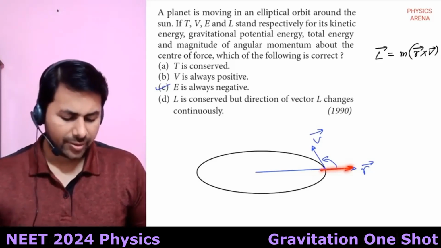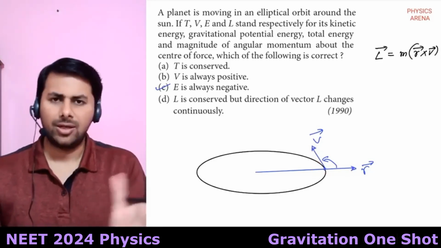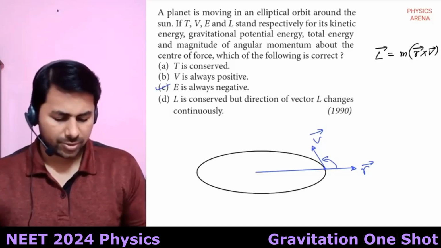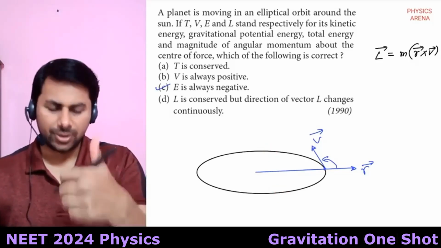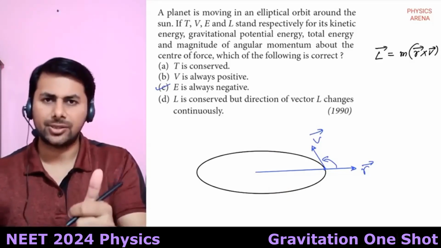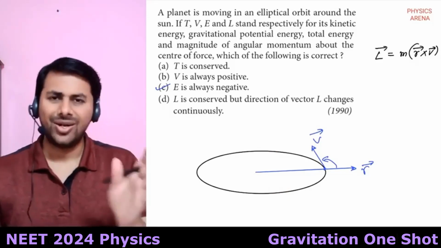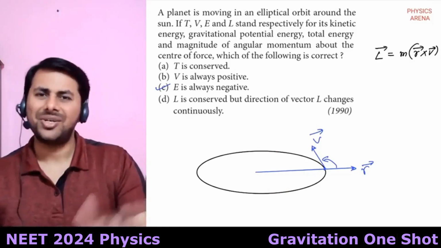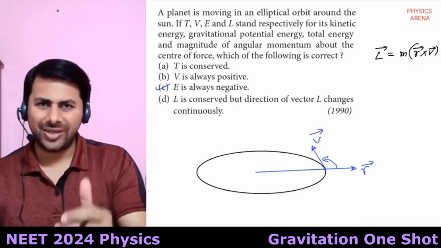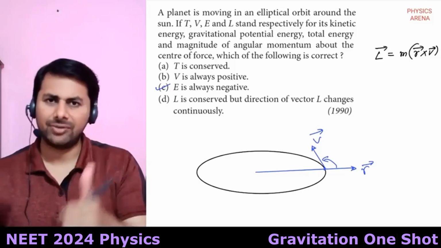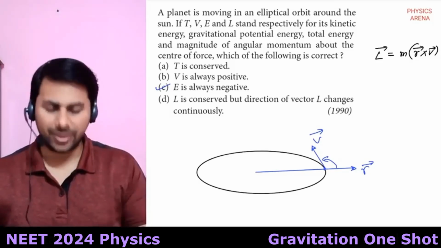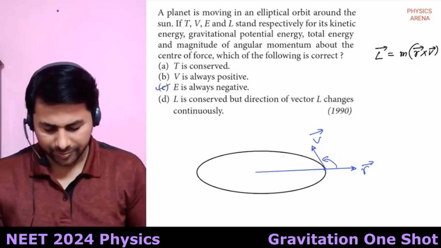So do the vector product. This is R, this is V. It is moving in anti-clockwise sense, right? So if you keep your right hand in direction of R, move fingers towards V and stretch the thumb, the stretched thumb will be upwards. Let the planet move here.